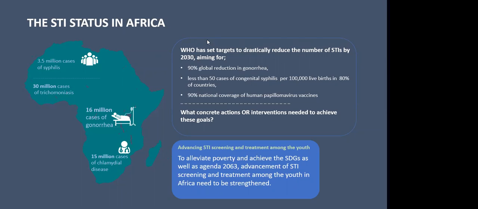So for secondary prevention, we are talking about discouraging risky sexual activities and also encouraging partner notification of infections, because these people are sleeping with one another. So we should encourage treatment of their sexual partners also, not only them.